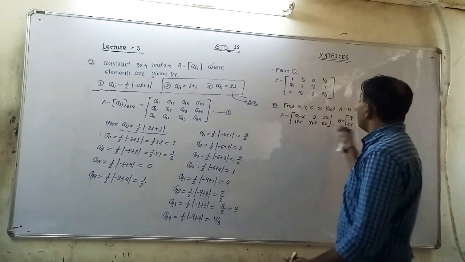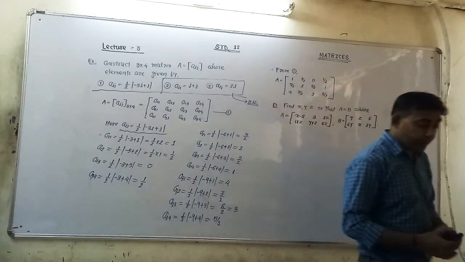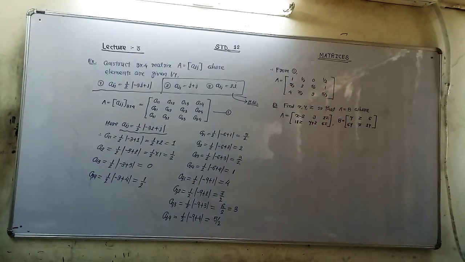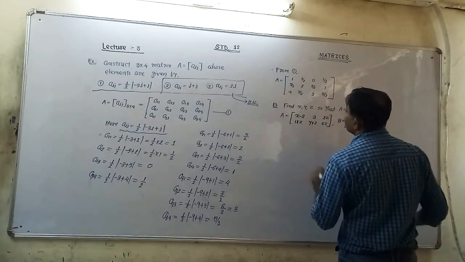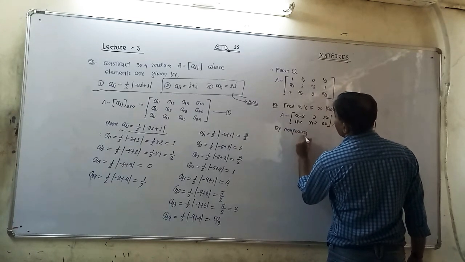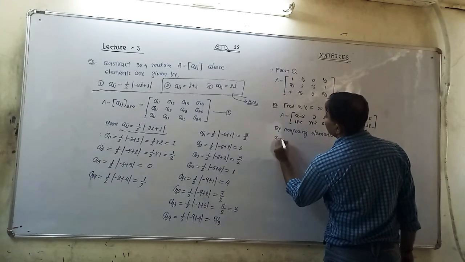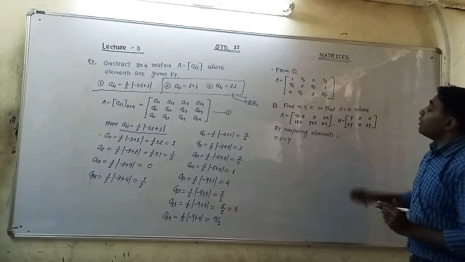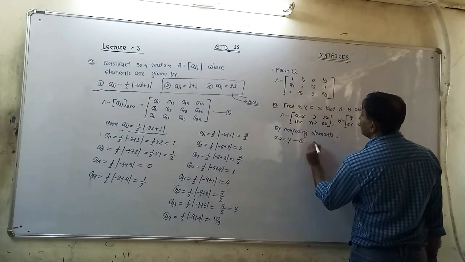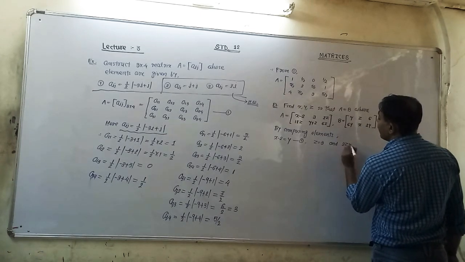So when two matrices are equal, we just compare all elements of the first row with all elements of the first row in the second matrix, and similarly so on. So let us compare here. By comparing elements, we may say that x minus 2 is y, say it as equation 1. z is 3 directly given, and 2z is 6 also satisfying.